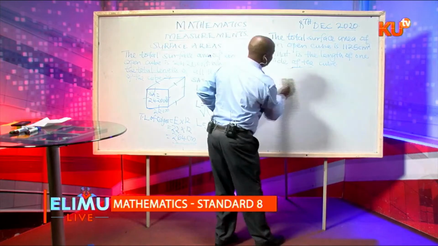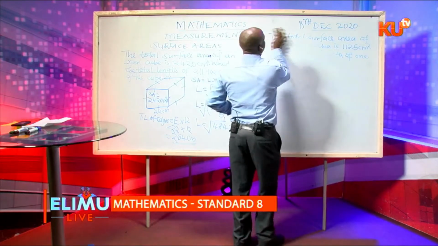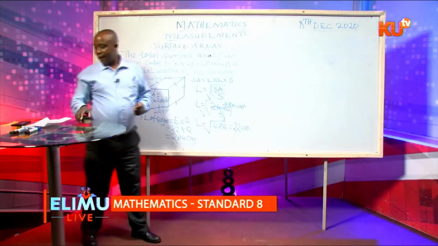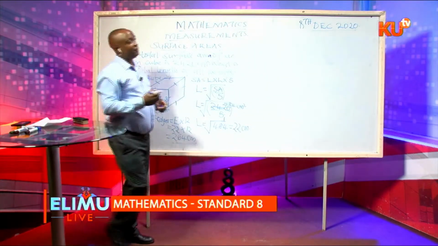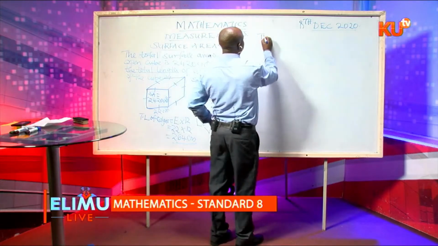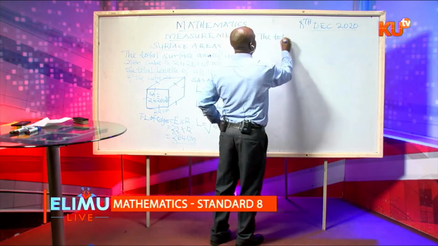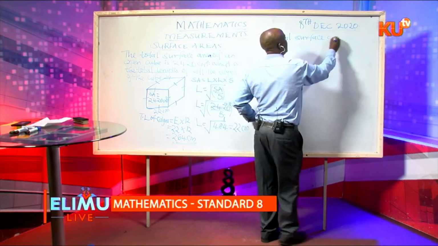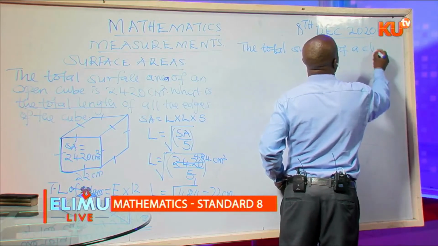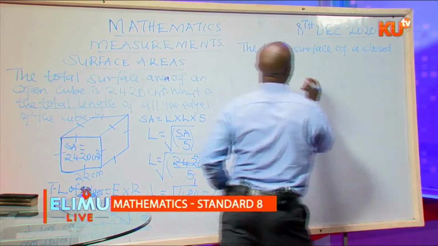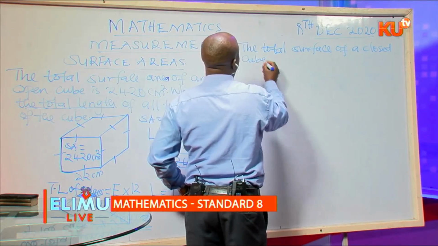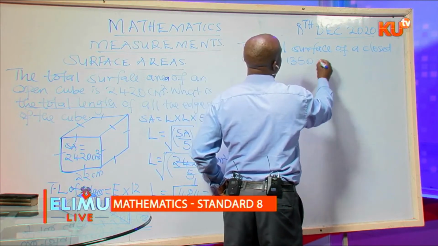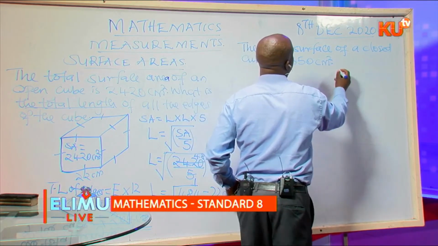I want to give you one question that you're going to try at home. The total surface area of a closed cube is 1,350 centimeters squared.